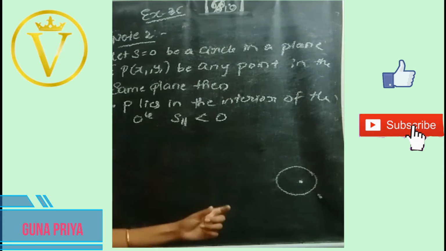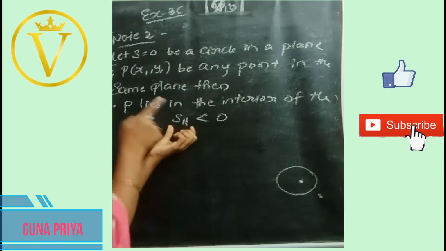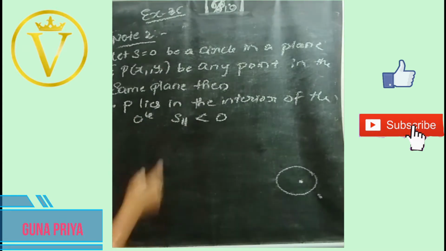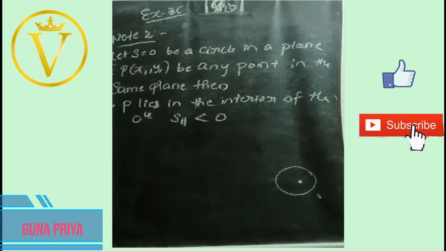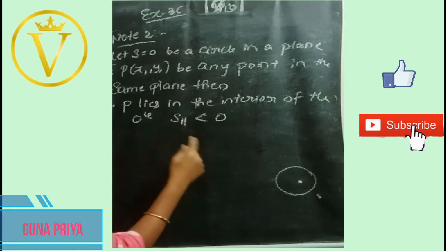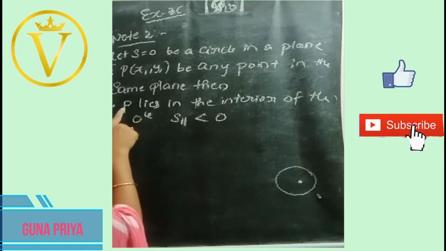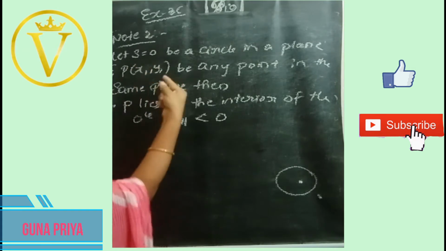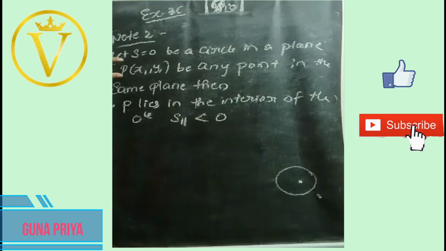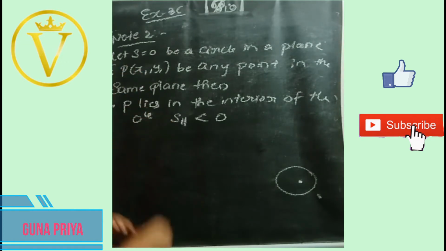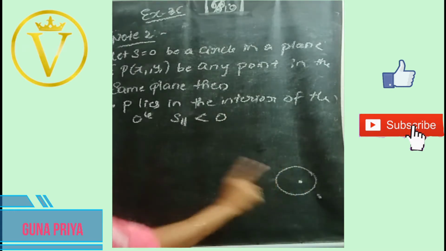S11 means x1 square plus y1 square plus 2gx1 plus 2fy1 plus c. P means nothing but any point in the xy coordinates, x1 y1. If the value is less than 0, it is in the interior of the circle.